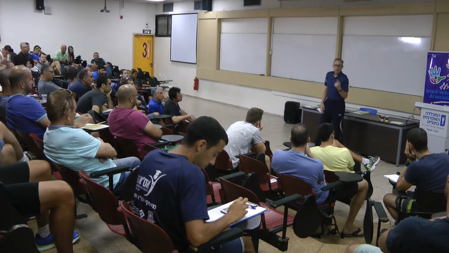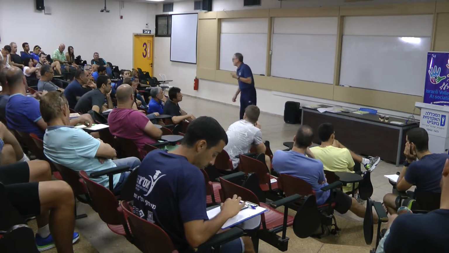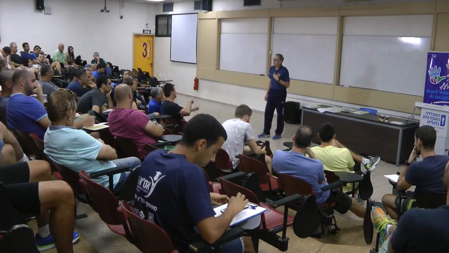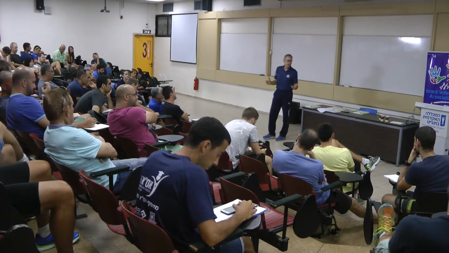But I think the point I'm trying to get to, I guess, is that as coaches, we want to have a lot of control, a lot of input into what the game looks like.